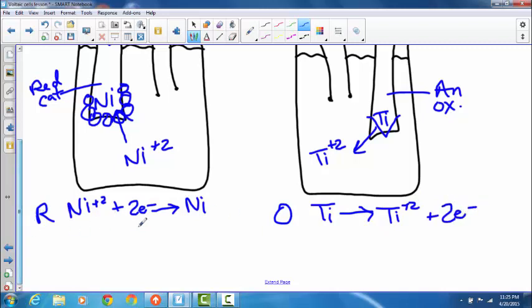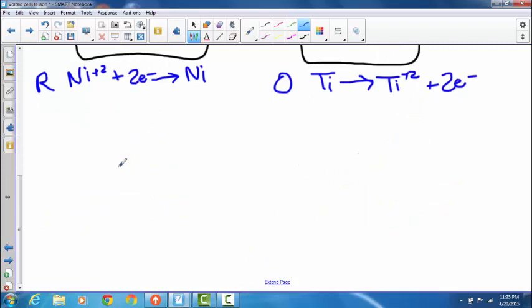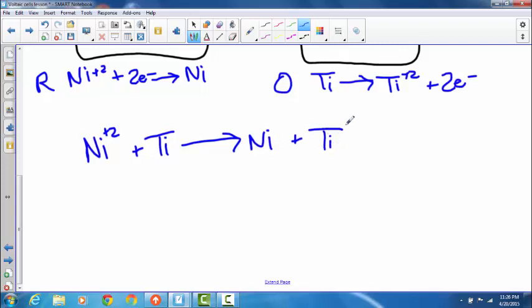And then I want to write my balanced skeletal reaction. The electrons are actually already balanced, so that makes it a little bit easier. So I just write Ni plus 2, plus titanium, becomes nickel plus Ti plus 2.